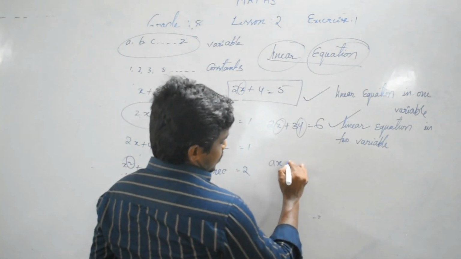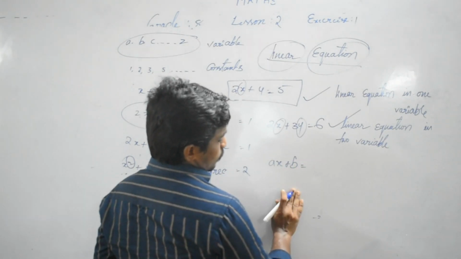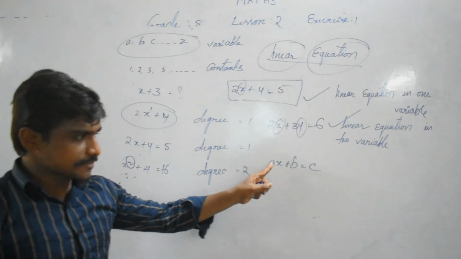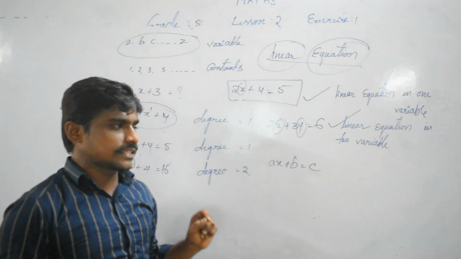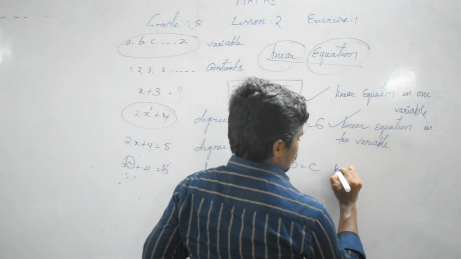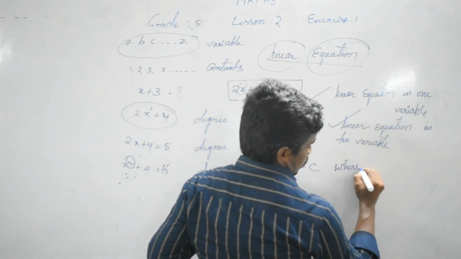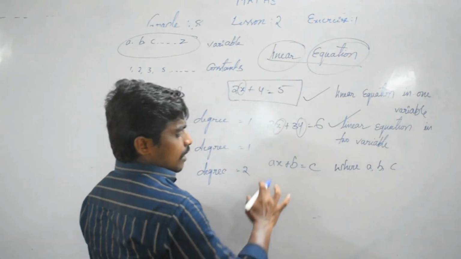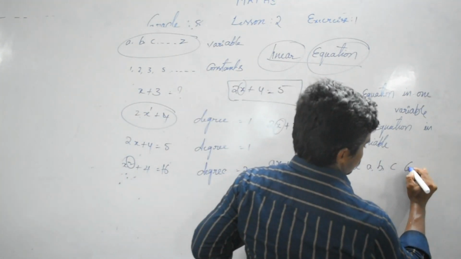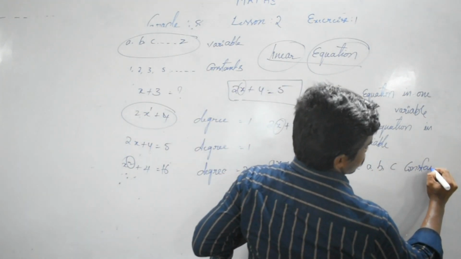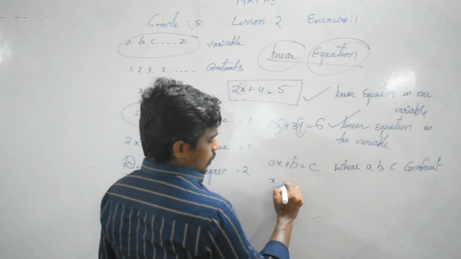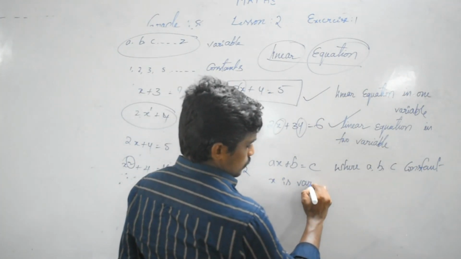Next one, like ax plus b is equal to c. Here a, b, c are constants. x is a variable.